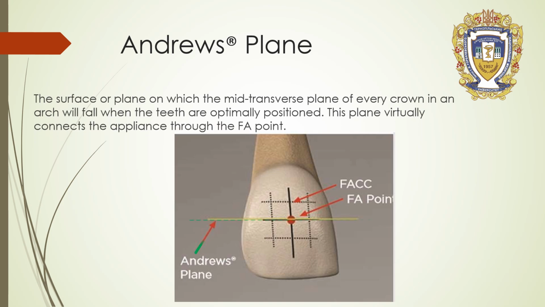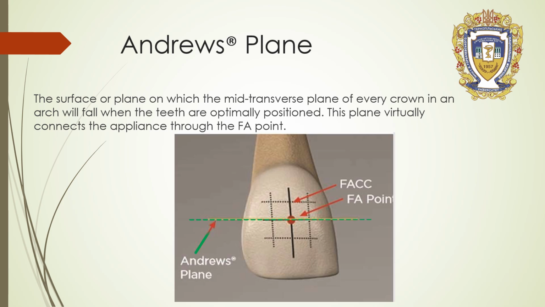Next notion, Andrews plane. The surface or plane on which the mid-transverse plane of every crown in an arch will fall when the teeth are optimally positioned is called Andrews plane.